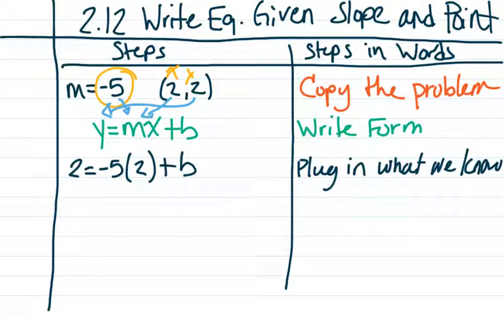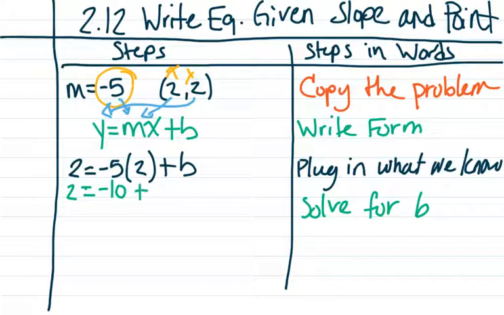Now our next step is going to be to solve for b. We want b by itself. So we have 2 equals -5 times 2 is -10 plus b. And then we're going to add 10 to both sides. So 2 plus 10 is 12 equals b.